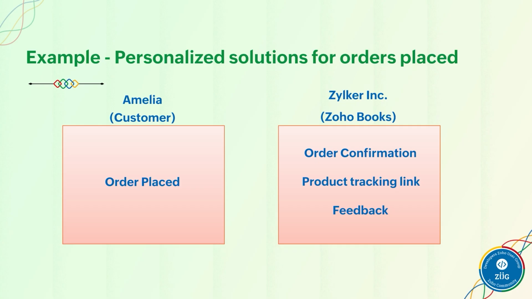So for example, whenever an order is placed, you want an SMS to be sent confirming the order. So this is one action, and along with that, you need to send another SMS to track the product that they have added. So this is going to be another custom action. And finally, you will send another different SMS for asking for feedback on your services.